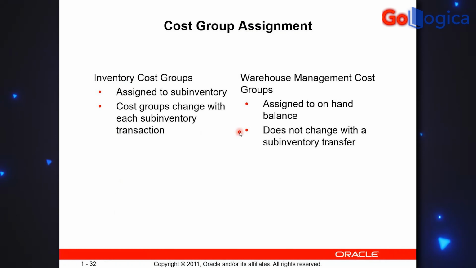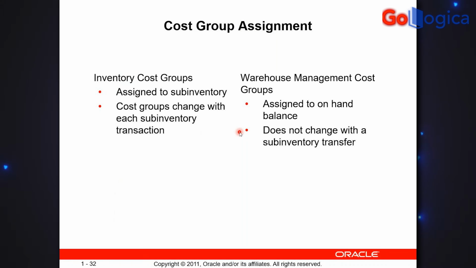So if you see here, the cost group assignment comes under the rules section. We will have to write rules so that these things will be taken care of. So inventory cost group and warehouse management cost groups, what is the difference?